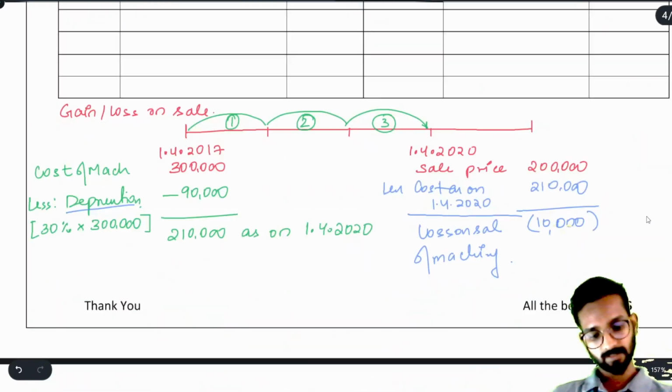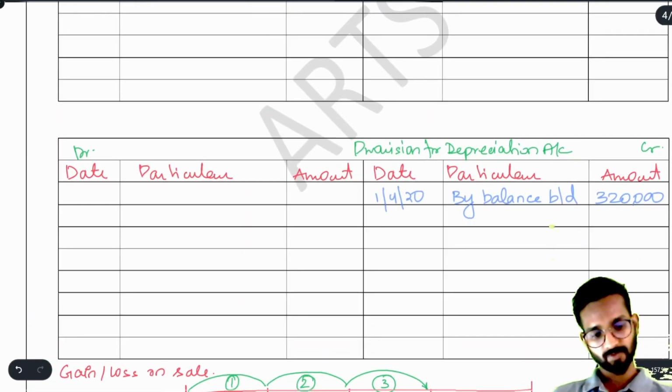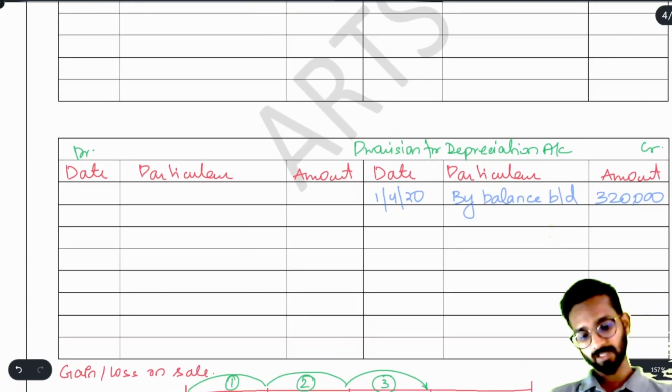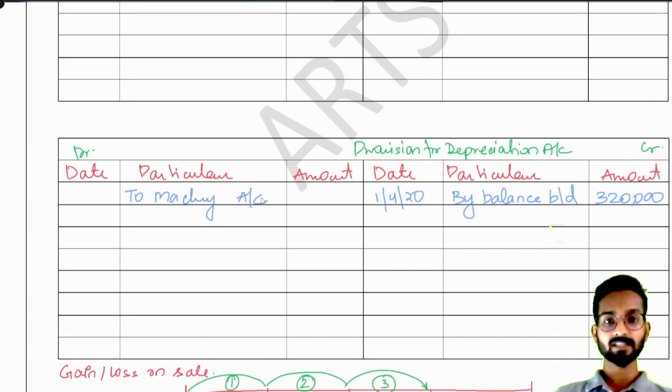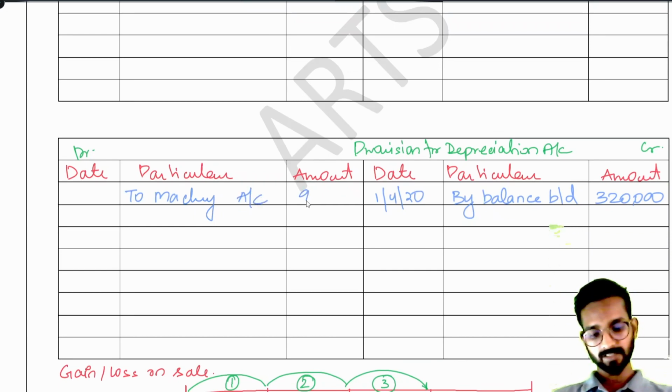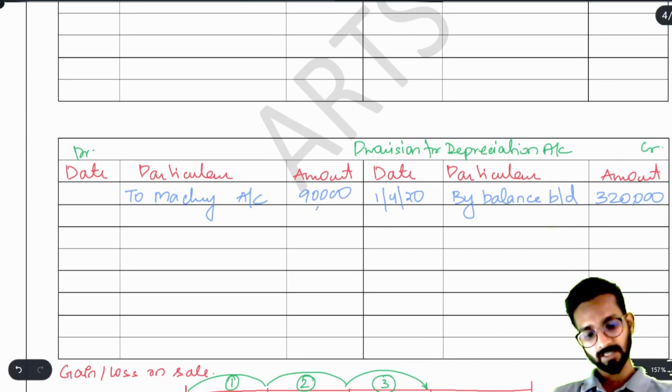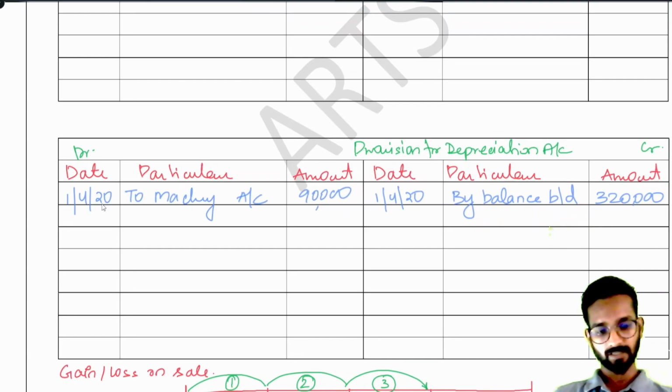Okay. See, we will write here in the provision for depreciation, out of 3,20,000 we will transfer to the asset account, to machinery account. How much we have to transfer? Only for that asset which we are selling. So that is 90,000. Okay. On what date we are selling it? On 1/4 only. 1/4/2020 we are selling.